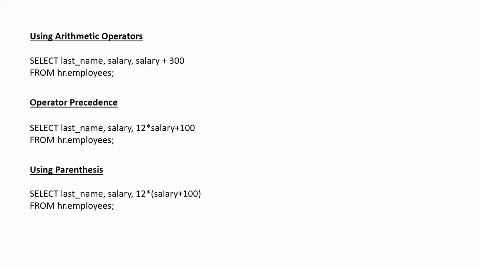So in the last example, where we have salary plus 100, we have parentheses coming in. Parentheses are always the first thing to be evaluated. In the BODMAS rule, B comes first, which is bracket. Hence, the bracket is evaluated first. So first we evaluate salary plus 100 and then we multiply it with 12.